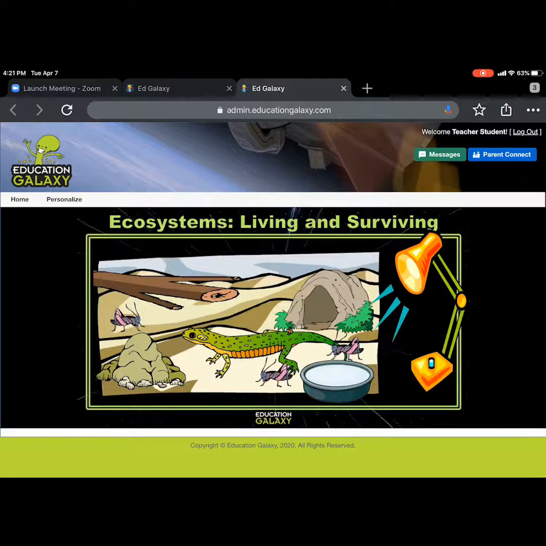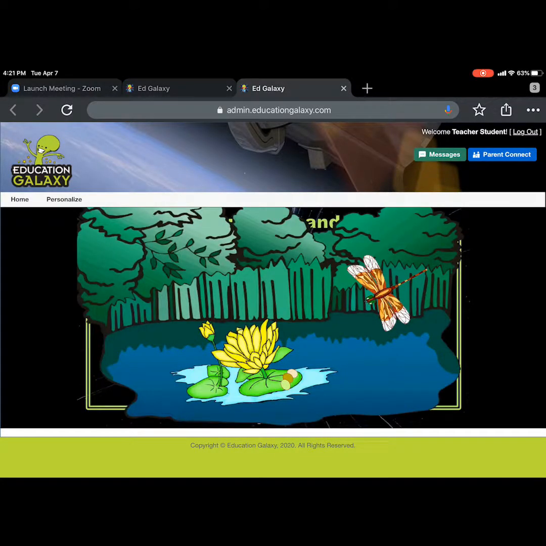Now, let's take a look at a larger ecosystem. Let's look at a pond. This environment has a lot of non living factors like pond water, mud, sunlight, rocks, all of the chemicals in different parts of air like oxygen, carbon dioxide, nitrogen, and these things greatly affect the living organisms here.